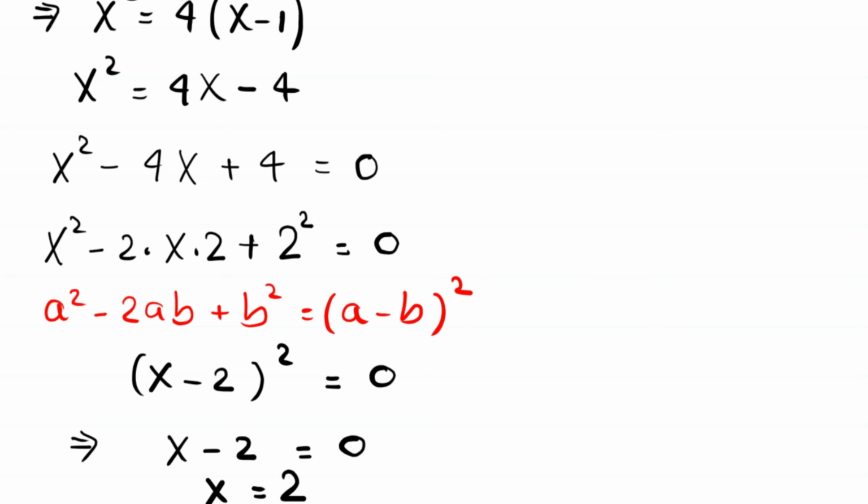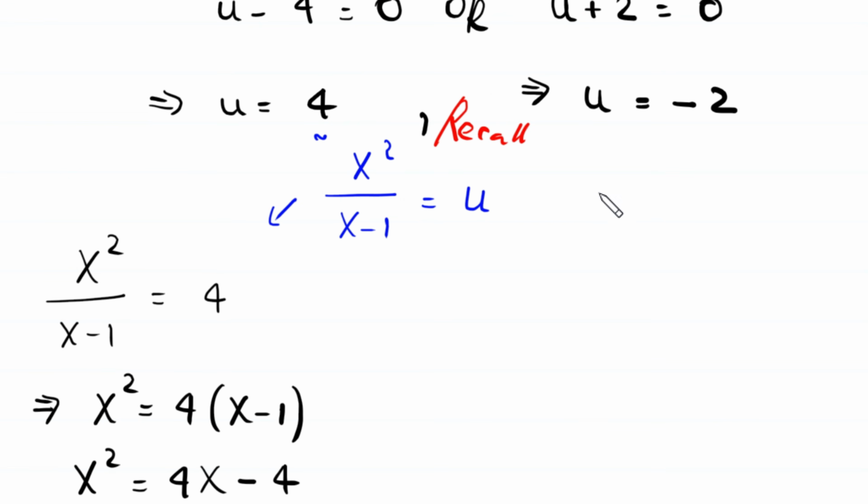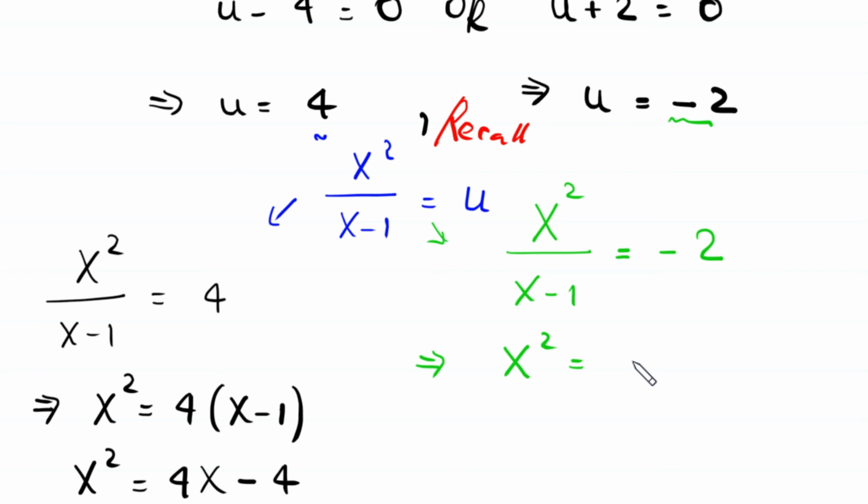Now from the second case, when u is equal to negative 2, then this will become x squared divided by (x minus 1) equal to negative 2. Multiply both sides by x minus 1. This implies that x squared equal to negative 2 times (x minus 1).